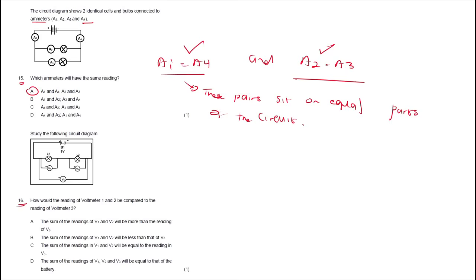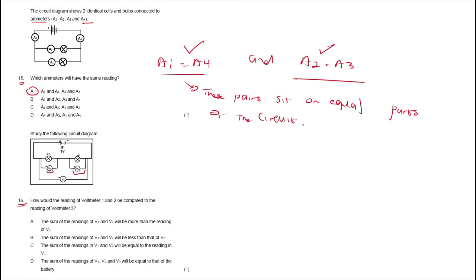Question 1.4 says that we are told to study the following circuit diagram, right? The question then says, how would the reading of voltmeters 1 and 2 be compared to the reading of voltmeter 3? You can see that this is our voltmeter 1, this is our voltmeter 2.